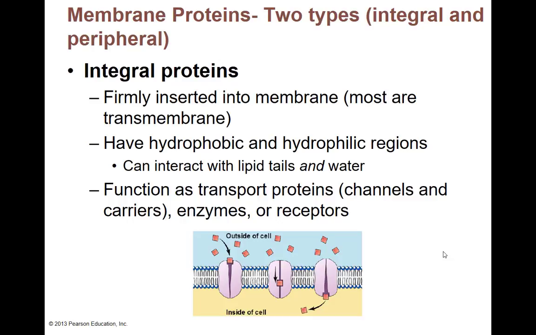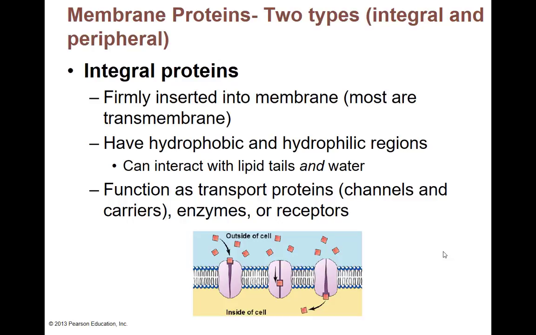They're also called transmembrane. Trans means across. If you ever have to take a transatlantic boat ride, it means you go across the Atlantic. It just means across. It goes across the membrane. It's a transmembrane protein.